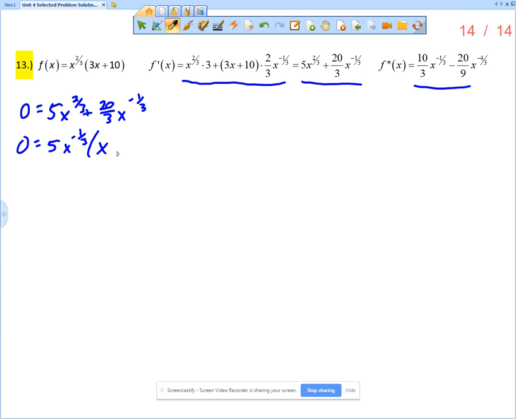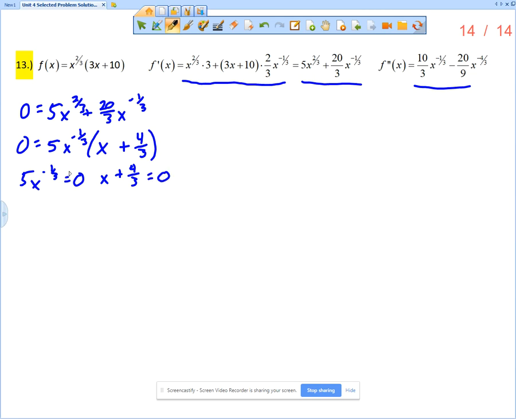Then plus 4/3 remaining. So I have 5x to the negative 1/3 equals 0, or x plus 4/3 equals 0.